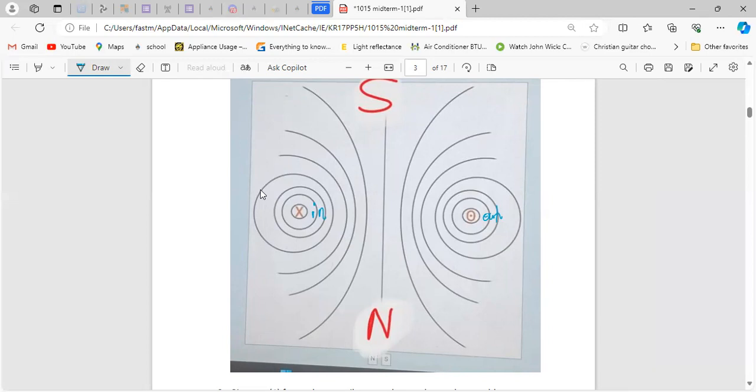Or you could think of it as a wire wrapping around. So I'm going to draw. You can look at it like that. The wire itself has a magnetic field of its own, a curl around the wire itself.